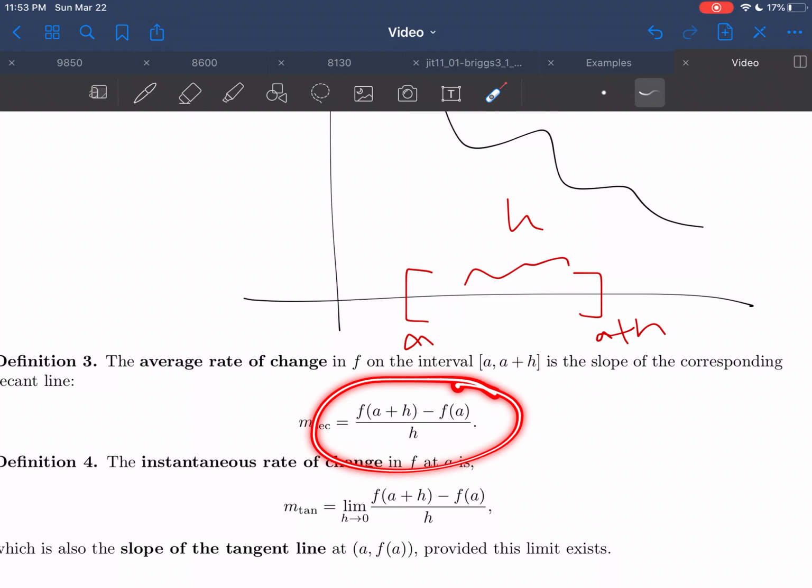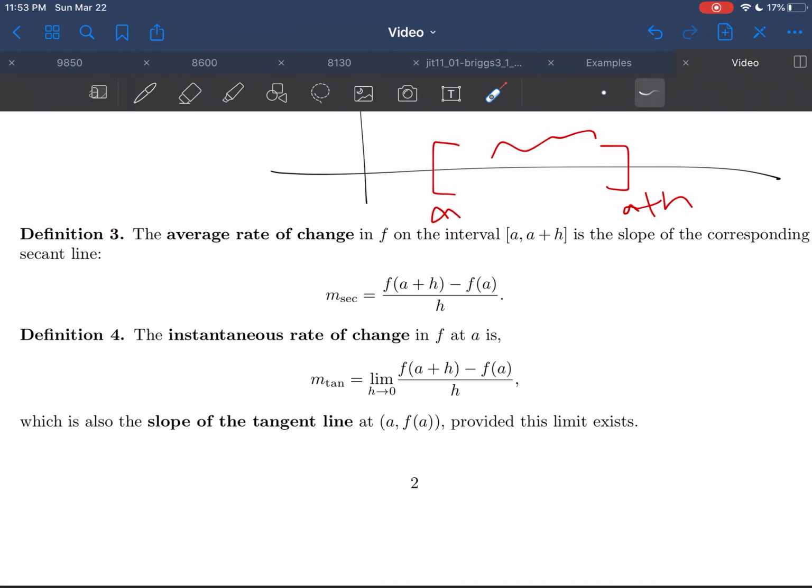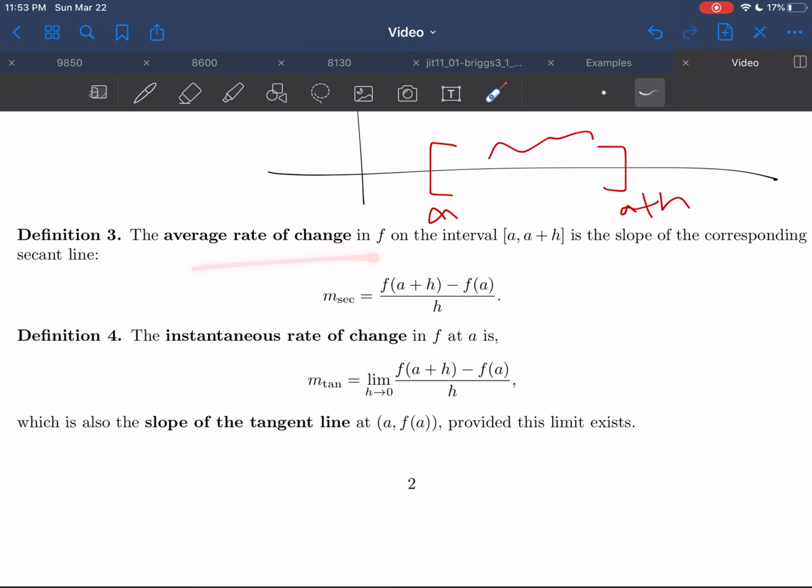And so we end up with f of a plus h minus f of a divided by h. Okay, but still the same slope of the secant line. So that's our average rate of change, and then our instantaneous rate of change is just the limit as h approaches 0 of that average rate of change formula.